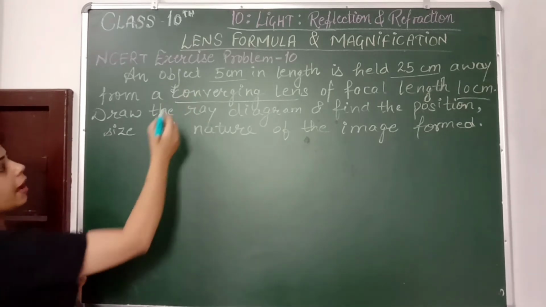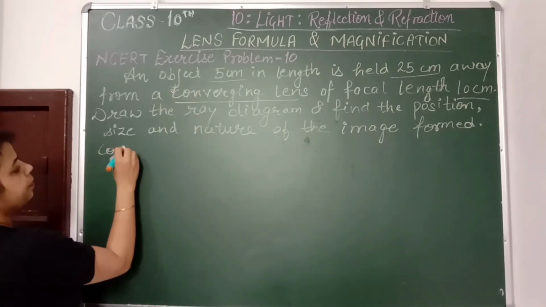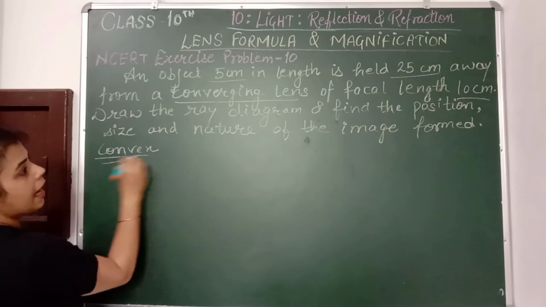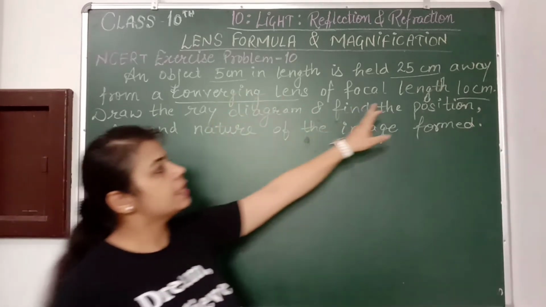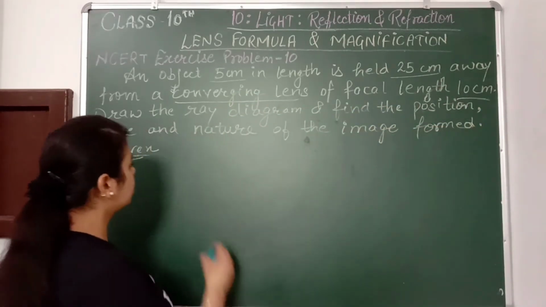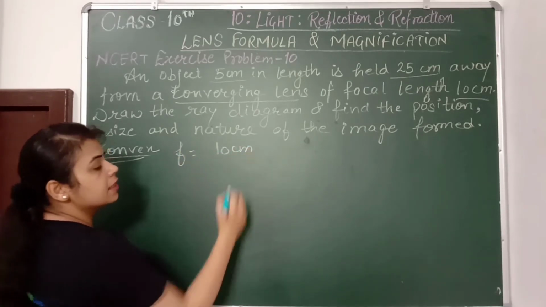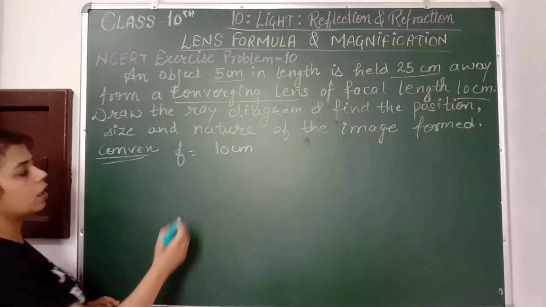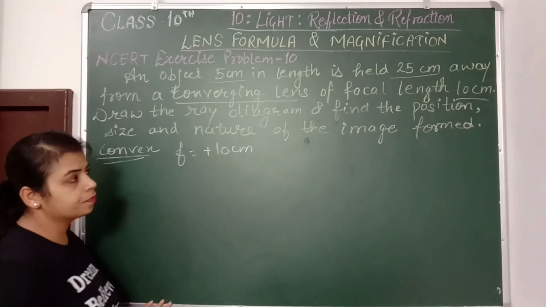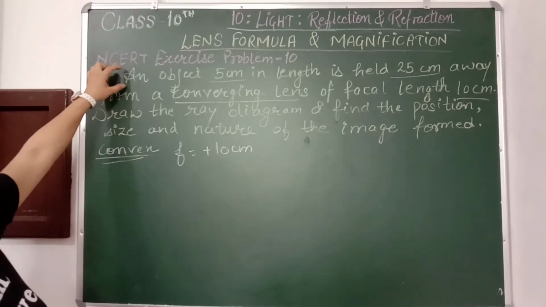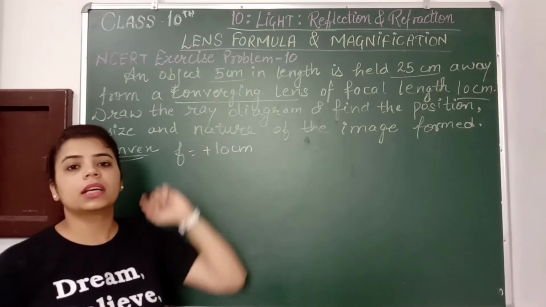That means we have convex lens. And the focal length of convex lens is given as 10 cm. So we have f is equal to 10 cm. And since it is convex lens, focal length would be positive. Also it is given that an object 5 cm in length.